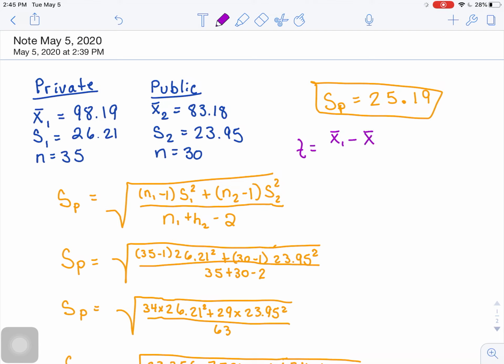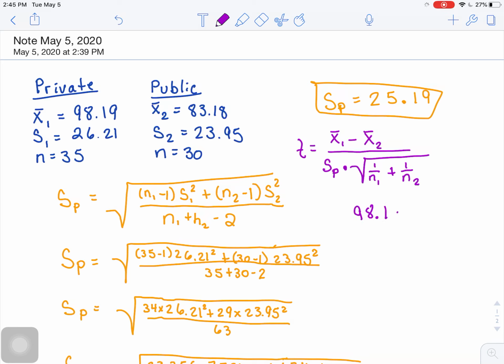So we have the mean of x1 minus the mean of the second sample, all divided by your pooled sample standard deviation times the square root of 1 over your first sample size plus 1 over your second sample size. So let's go ahead and substitute all those numbers in.